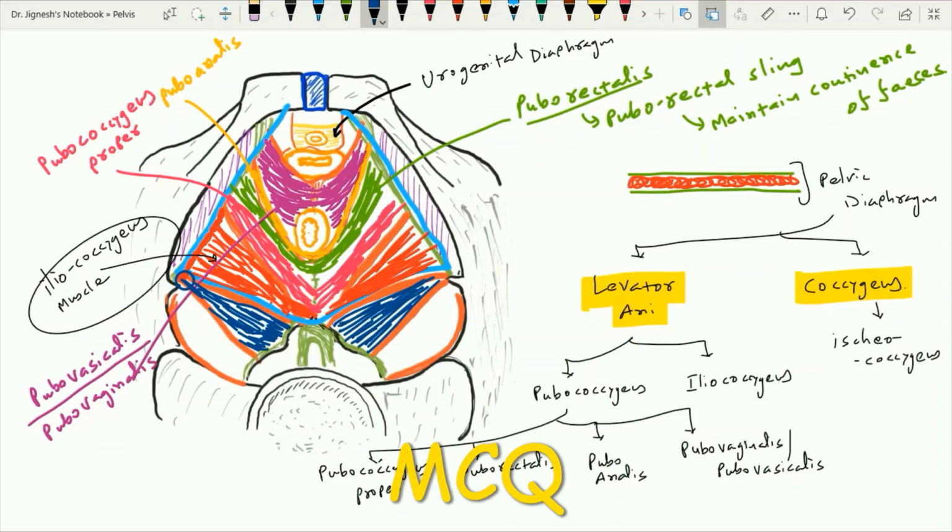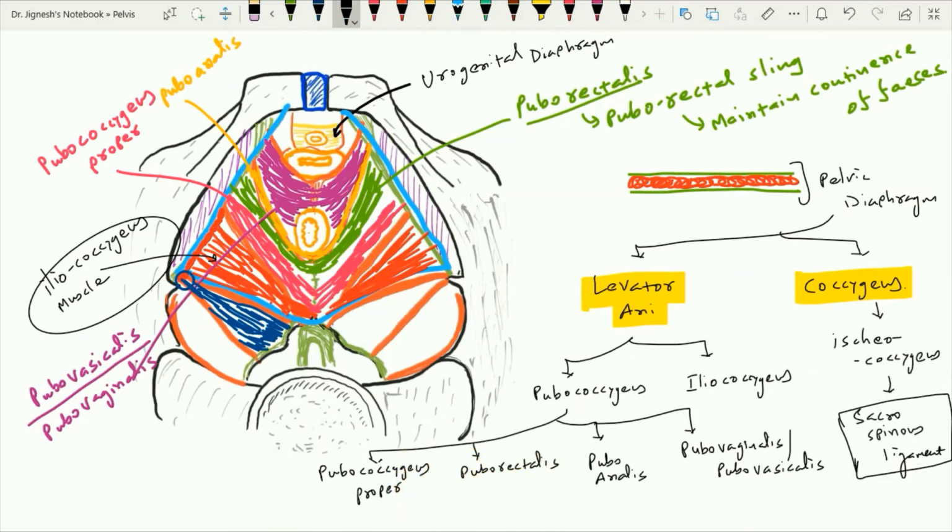So the sacrospinous ligament is the degenerated part of the coccygeus muscle. This coccygeus muscle is supplied by S4 and S5 sacral nerves. These two muscles, levator ani as well as the coccygeus muscle, collectively form the pelvic diaphragm.